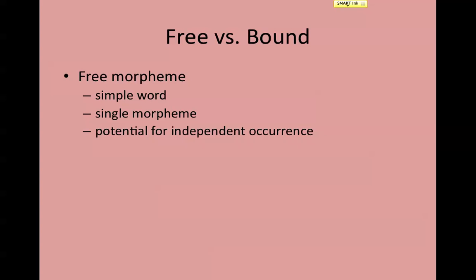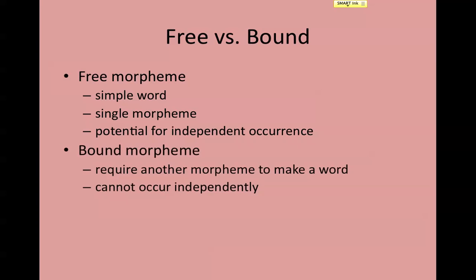It's a single morpheme because you can't shorten man into anything smaller and still have it be meaningful, and it could occur independently. Man. There you go. So that is a free morpheme. But then you have bound morphemes, which require another morpheme, such as a free morpheme, to make a word. And it cannot occur independently.